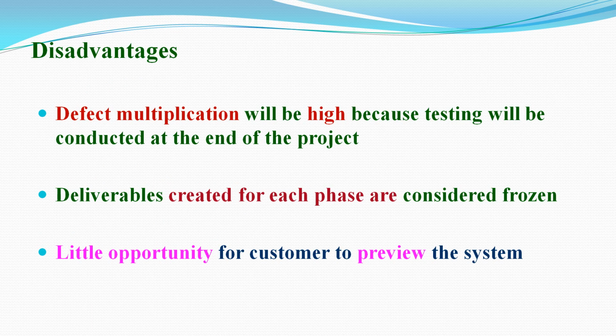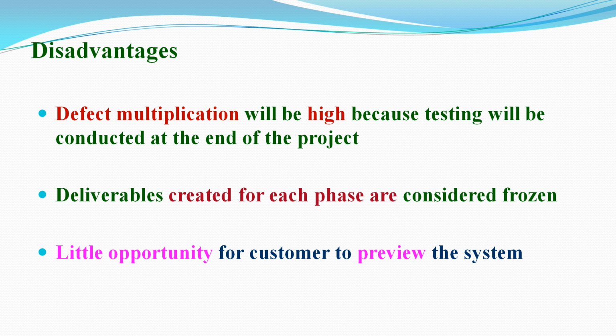And defect multiplication will be high because the testing will be conducted at the end of the project. What do you mean by defect multiplication? Say, for example, if a defect is present in the BRS document unknowingly, and that BRS document is frozen, then the same BRS document will carry forward to the next stage, design, and the next stage is coding, and the next stage is testing.